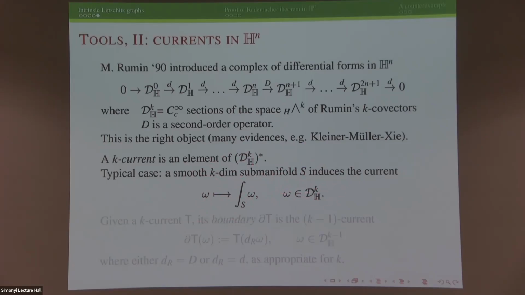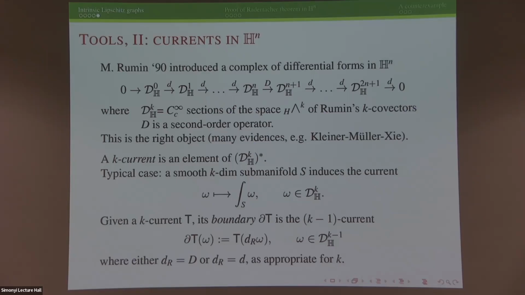It's a k-current. And currents come with a notion of boundary, which is tailored on Stokes' theorem. So given a k-current T, its boundary, dT, is a k-1 current, which is defined in this way. The boundary of T applied to a k-1 form omega is the same you get by applying T to the differential of omega.